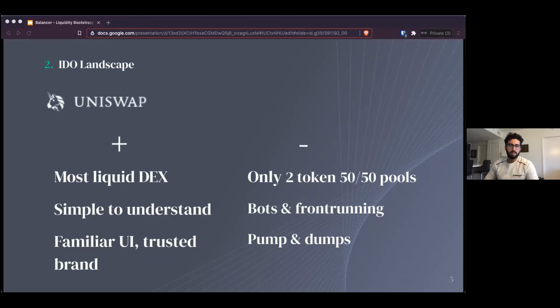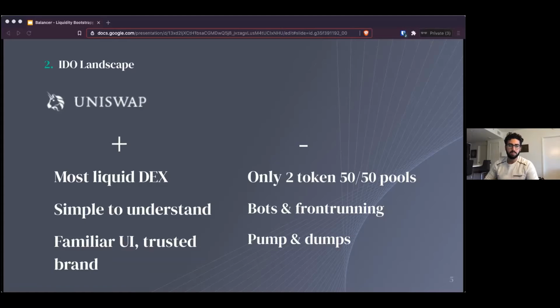On the negative side, however, there are quite a few drawbacks. So pools on Uniswap, liquidity pools, are strictly weighted to 50-50 between two tokens. And that has limitations in a lot of different ways, but particularly if you're talking about doing a token sale, it makes the sale prohibitively expensive for most teams because you have to actually provide an equivalent value upfront of the reserve asset, which is the token that you're looking to raise, usually a stable coin or ETH, equivalent to the tokens that you're going to sell.